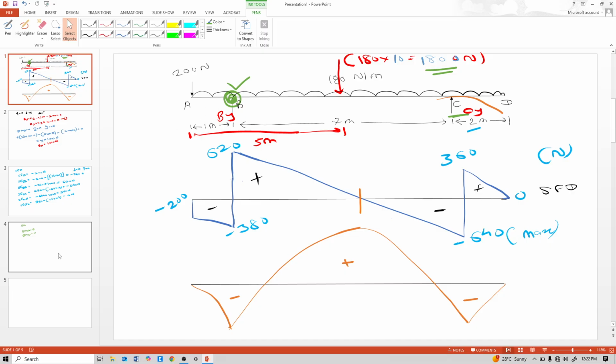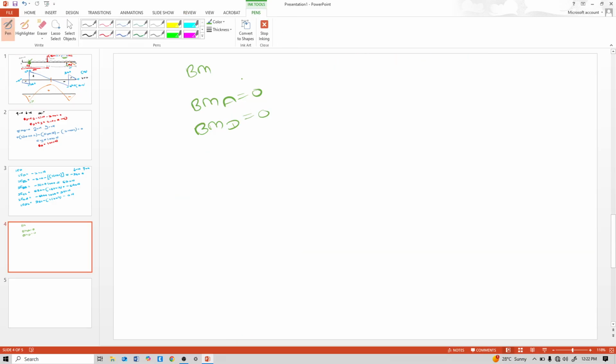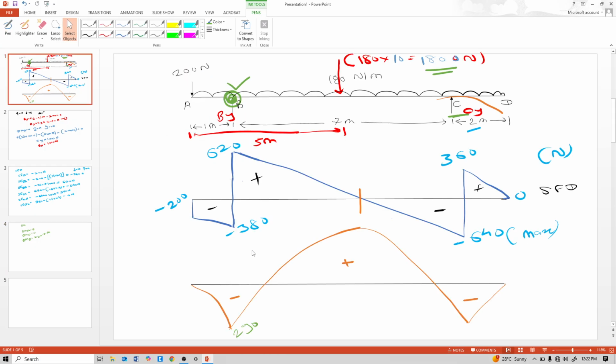It is minus 290. Bending moment at B is equal to minus 290. The unit is Newton meter because loads are in Newton.